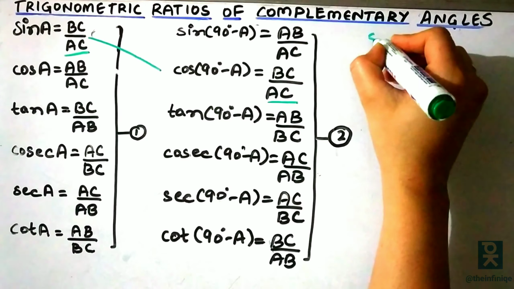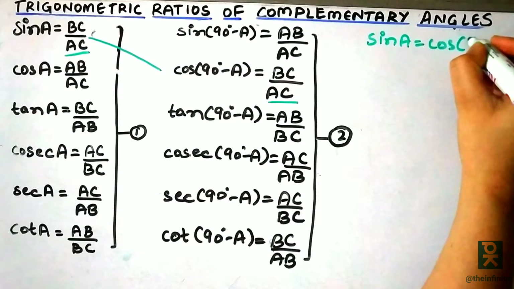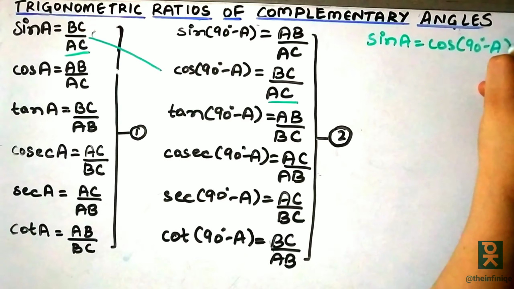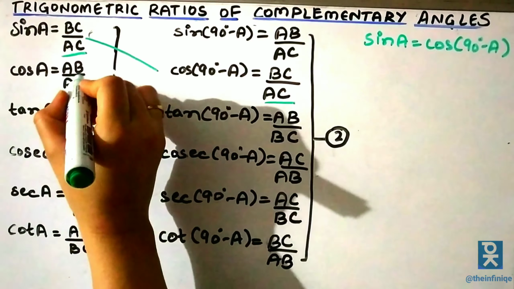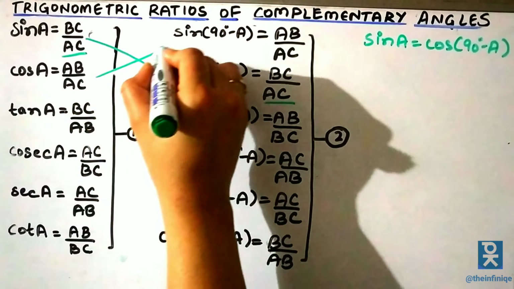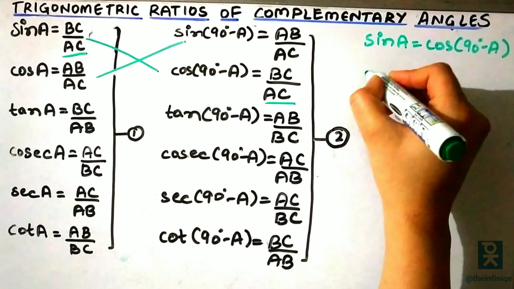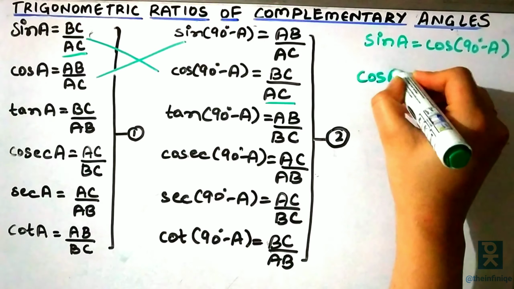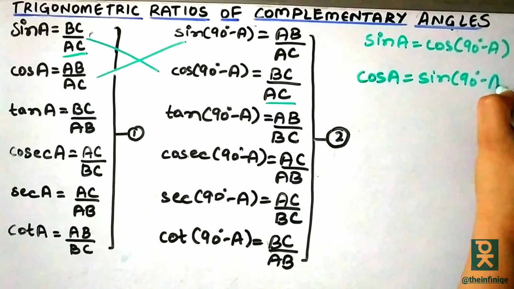So sin A is equal to cos of 90 degrees minus A, and cos A is equal to AB upon AC is equal to sin of 90 degrees minus A is equal to AB upon AC. So cos A is equal to sin of 90 degrees minus A.